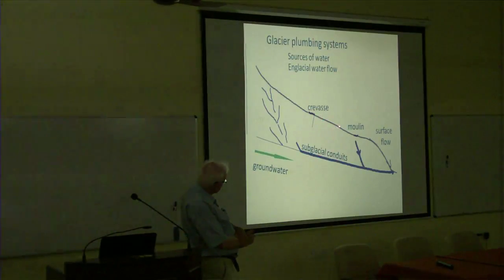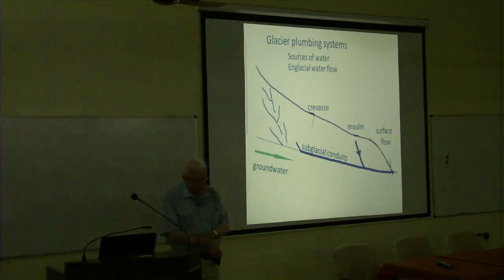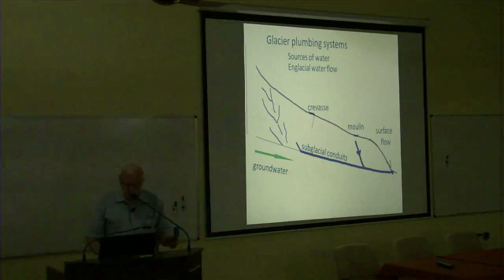There can also be lakes on the surface of the glaciers, and there can be lakes in front of the glaciers, which are the most common type here in the Himalayas.